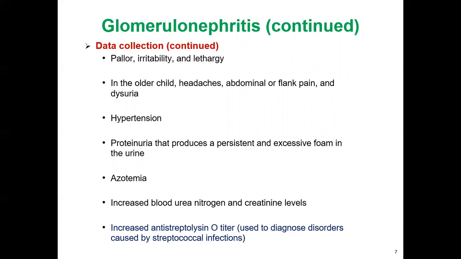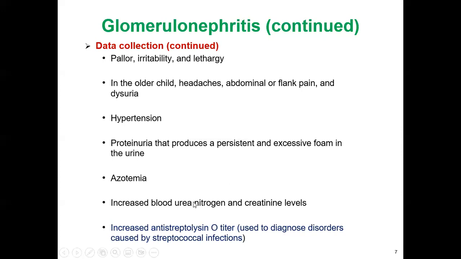So azotemia is one of the presentations showing that the kidney does not work well. Azotemia, also known as uremia, is a condition where there is an abnormally high level of waste products in the blood due to kidney failure.